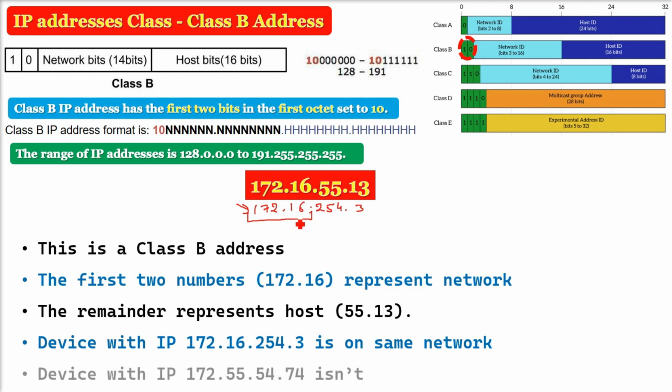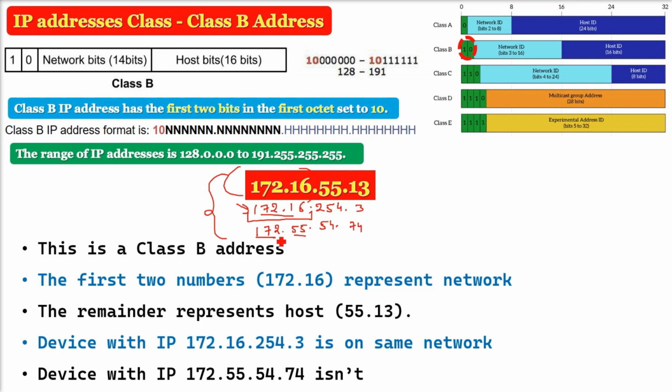You can easily say that these are on the same network. Let me write one more number, 172.55.54.74. Now you just have to match the first two of it, 172 and 16. If they are not matching, that means the first one and the last one, which I've just written, are not in the same network.